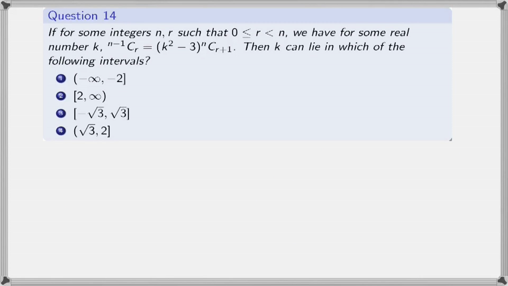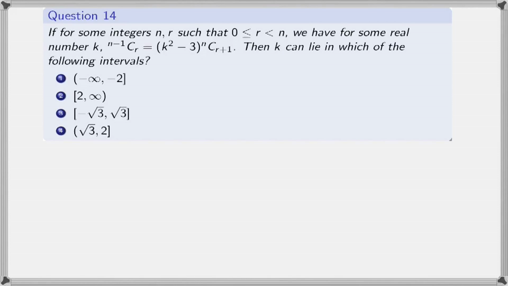We now look at the following question. For some integers n and r such that 0 ≤ r < n, we have a real number k so that (n-1)Cr = (k² - 3) nC(r+1). We have to find out among these given 4 intervals in which k can lie.